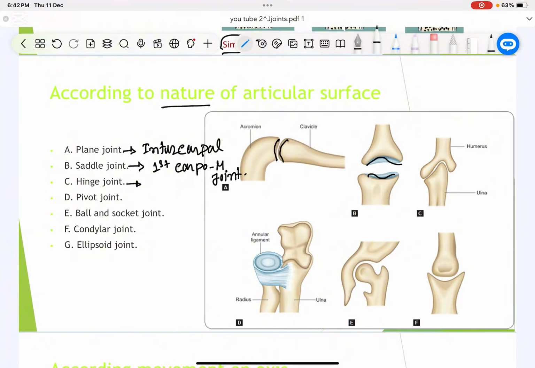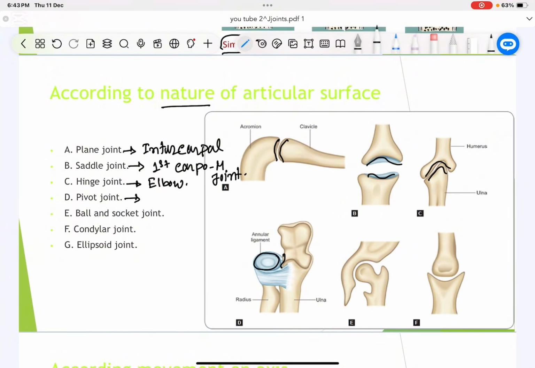Hinge, it will be door hinge like. A very good example of hinge joint we can say elbow. Then pivot, the surfaces are holding and in one axis one bone will be moving.